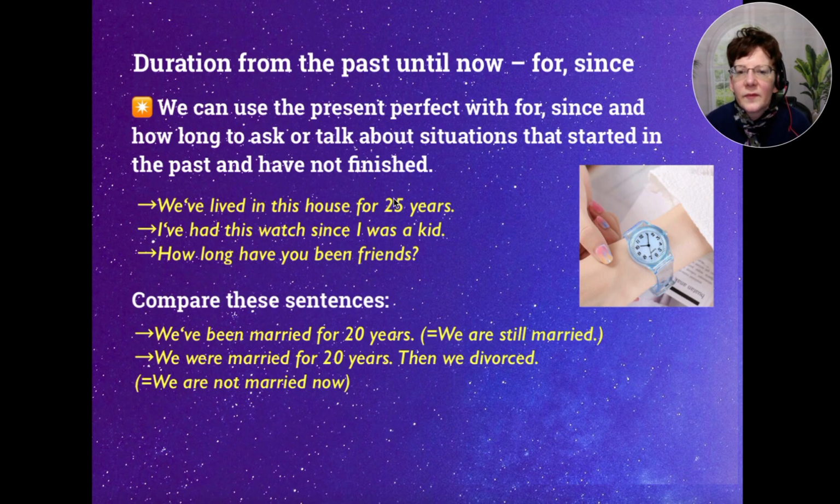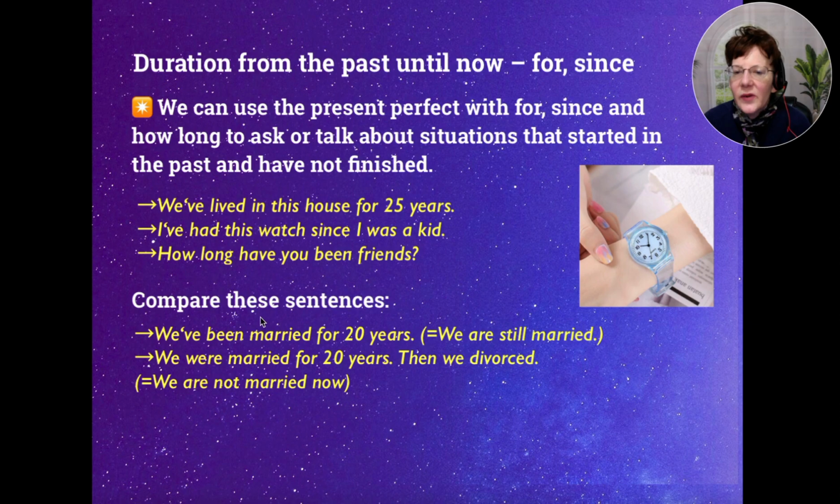So this means so far, and we still live in this house. I've had this watch since I was a kid. So that's how long I've had it, and I still have this watch. Okay, and then there's how long have you been friends?